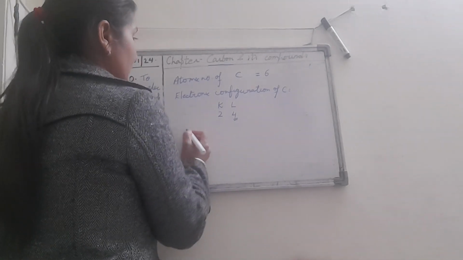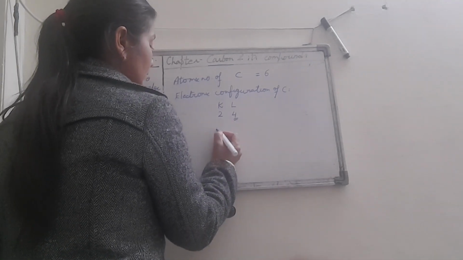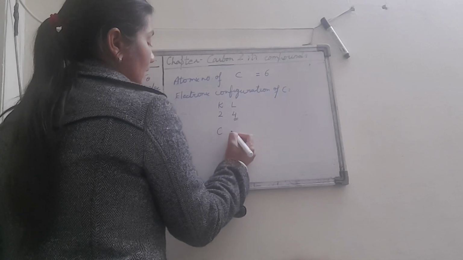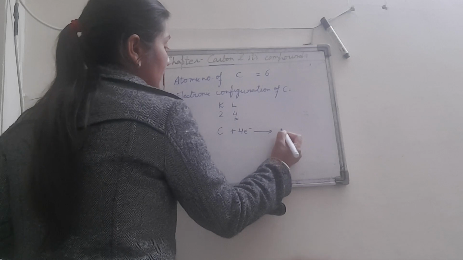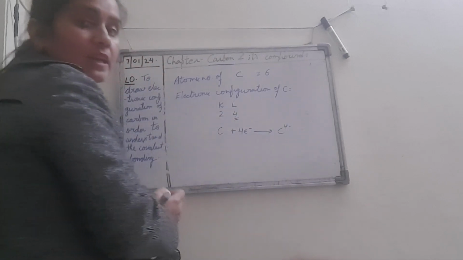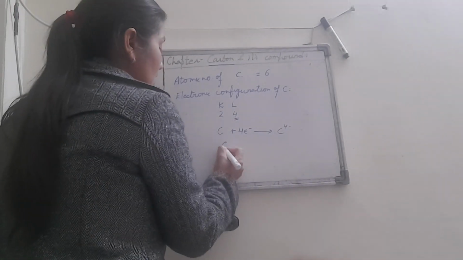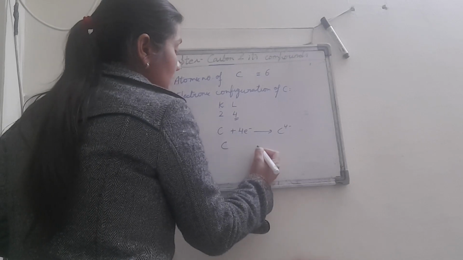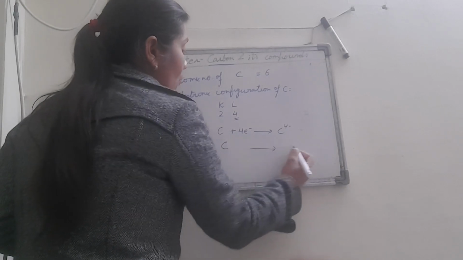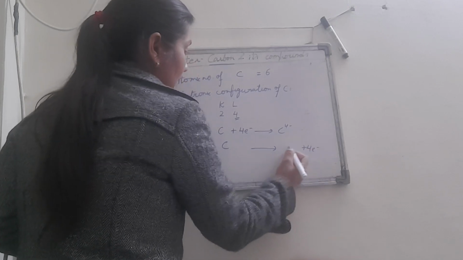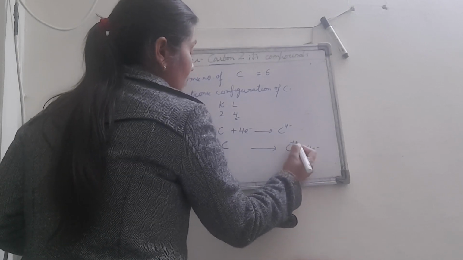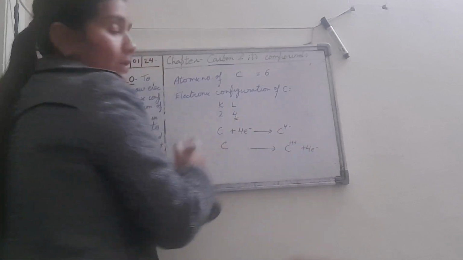So if it gains, the carbon will gain 4 electrons. It will be C4 negative. And if the carbon will lose 4 electrons, then it will form C4 plus ion.